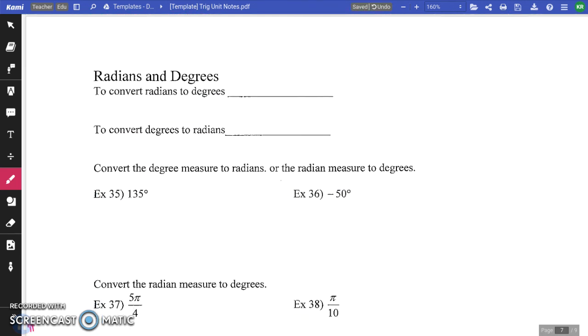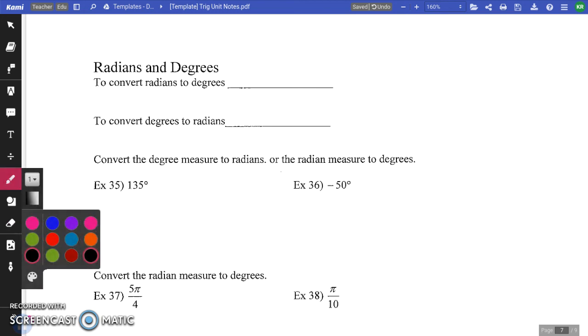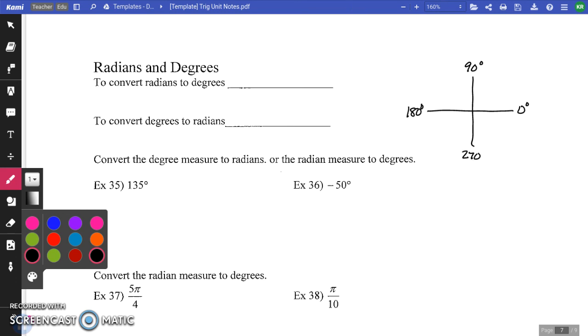Okay, let's talk about radians and degrees. So you can convert from radians to degrees. Your circle, okay, if we go around, of course you know that one rotation is 360 degrees. Okay.